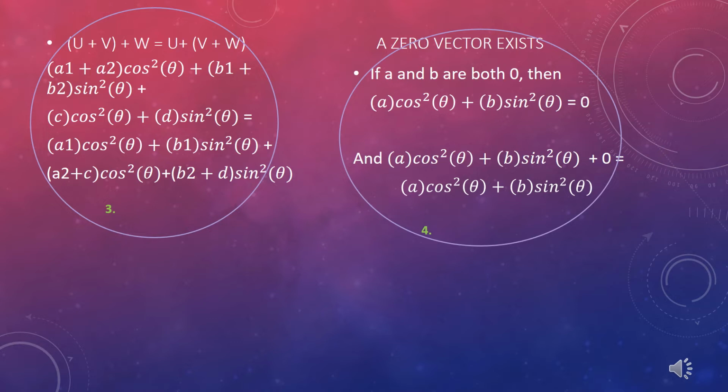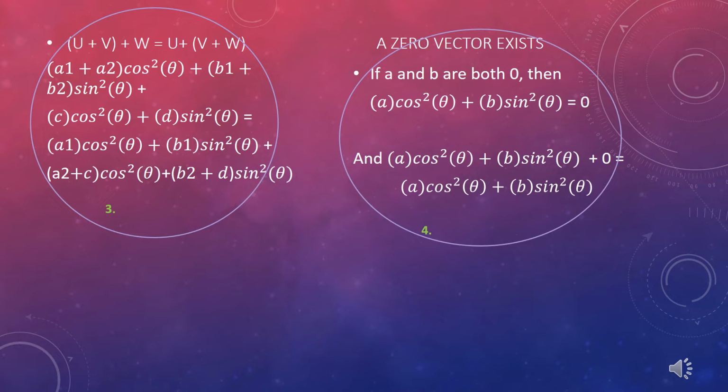And we can create a zero vector by having both of the scalars be zero. So if A is 0 and B is 0, then you're going to get the expression equal to 0. And then when you add that 0 to any other vector in our set, you're going to get the same vector value.